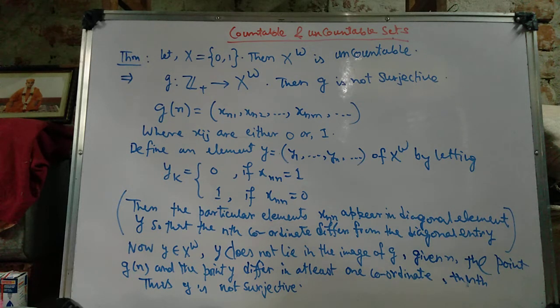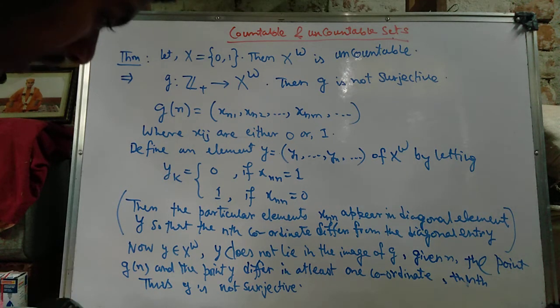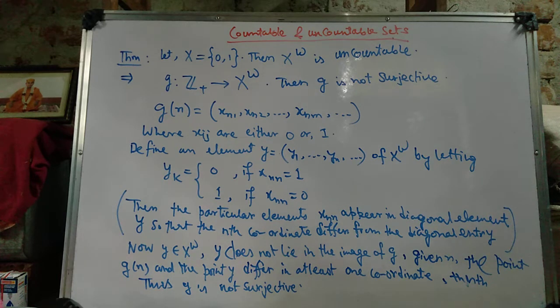Then define an element y of X to the power omega by letting yk equal to 0 if xkk equals 1, and 1 if xkk equals 0. Then the nth coordinate of y differs from the diagonal entry.